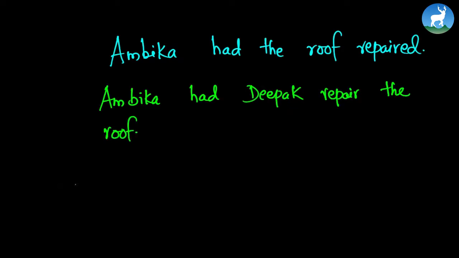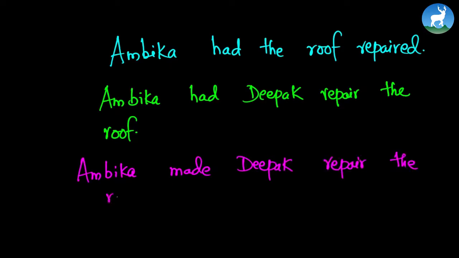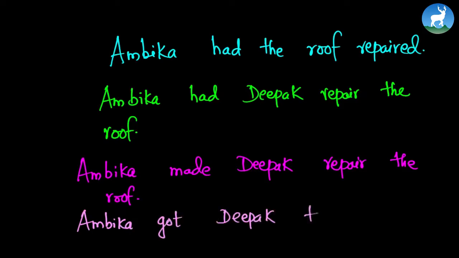Or it could be, Ambika made Deepak repair the roof. Or another example is, Ambika got Deepak to repair the roof. Final example could be, Ambika got the roof repaired.